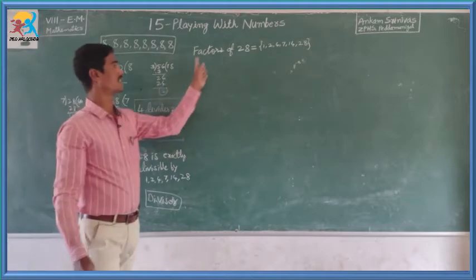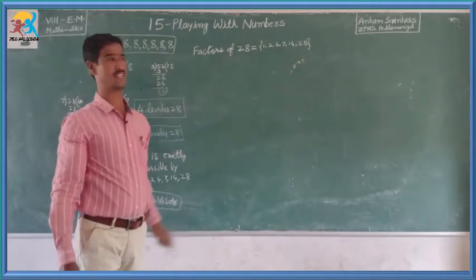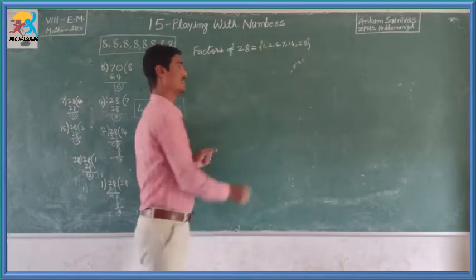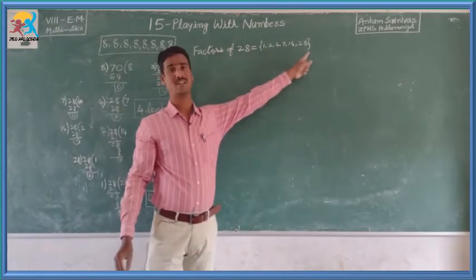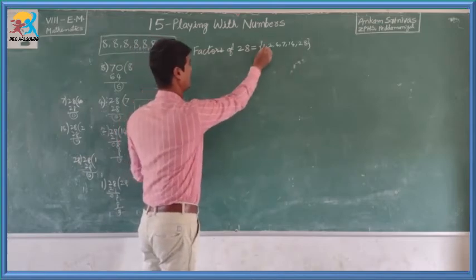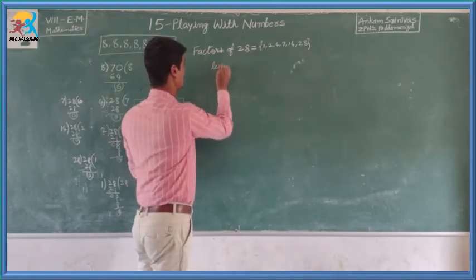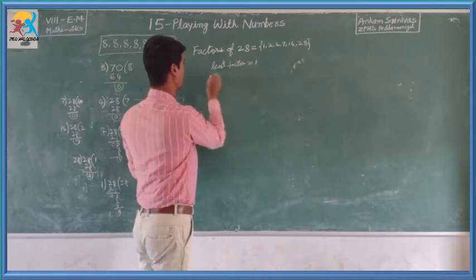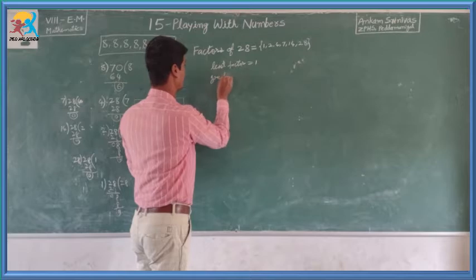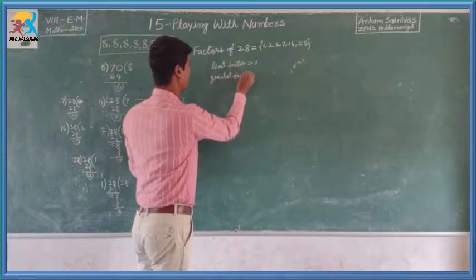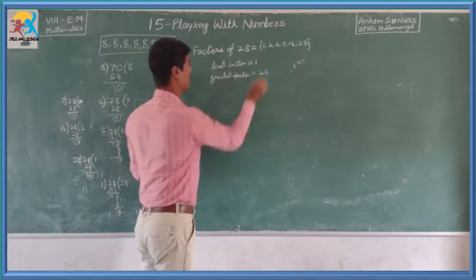If you observe all the factors of 28, the least factor is 1. The greatest, or biggest, factor is 28.